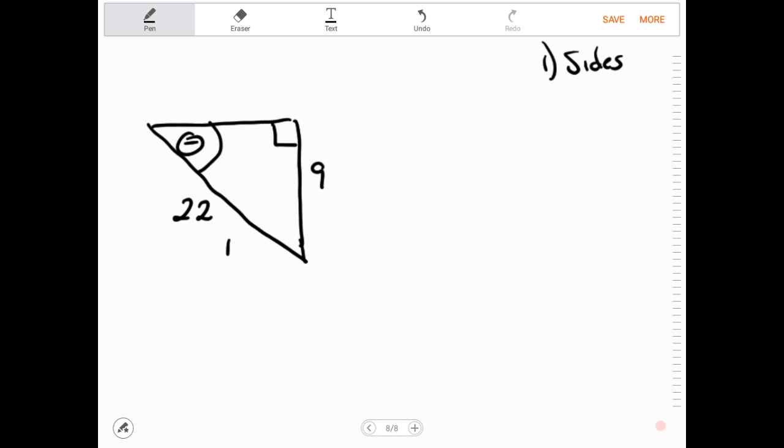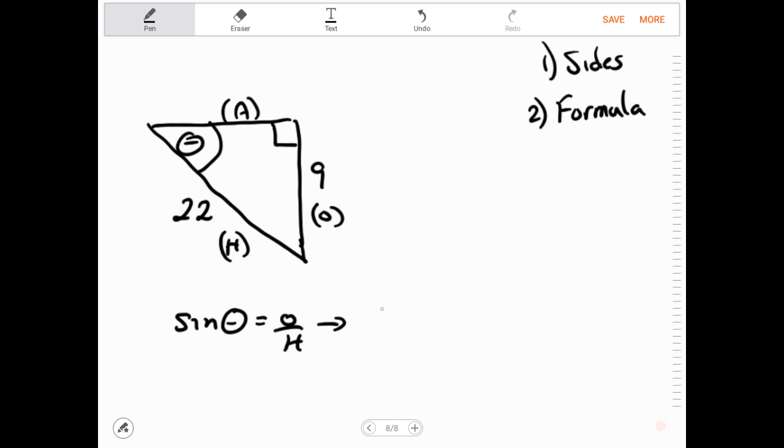So this will be hypotenuse, opposite, adjacent. Number 2 is formula, and then you solve it. So it's going to be sine of your angle is O over H. Sine theta, we are looking for this angle, equals 9 over 22.